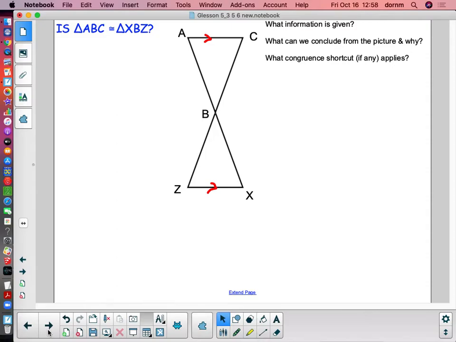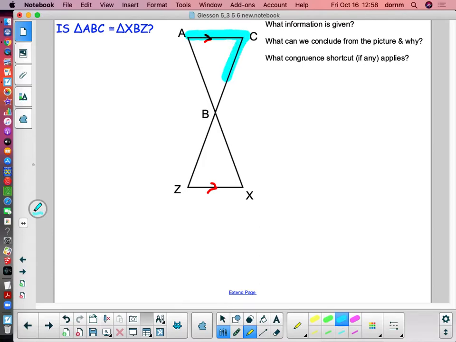How about now? What do we see that's different in this picture? Well, the first thing we see that's different is that we have parallel lines indicated, AC and ZX. And with parallel lines, we get all our special angle pairs back. Oh, back to chapter 3, here we go. Right, we've got a Z here, don't we? Which means these alternate interior angles have to be congruent.